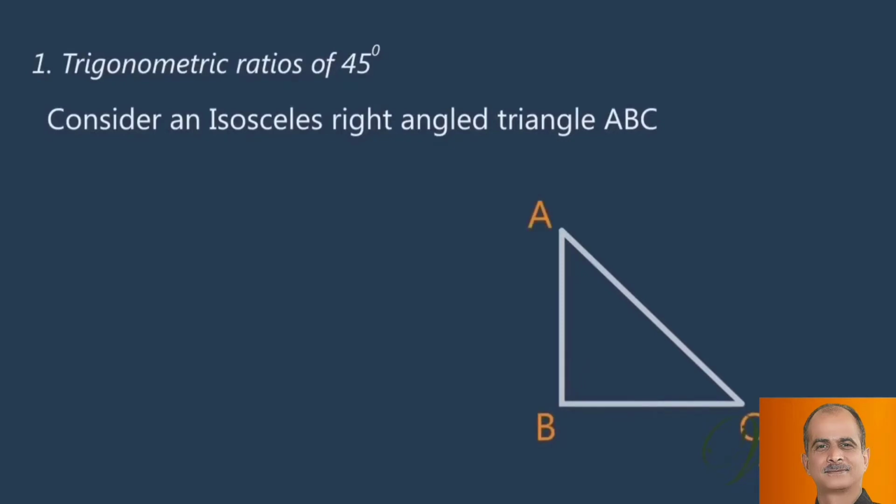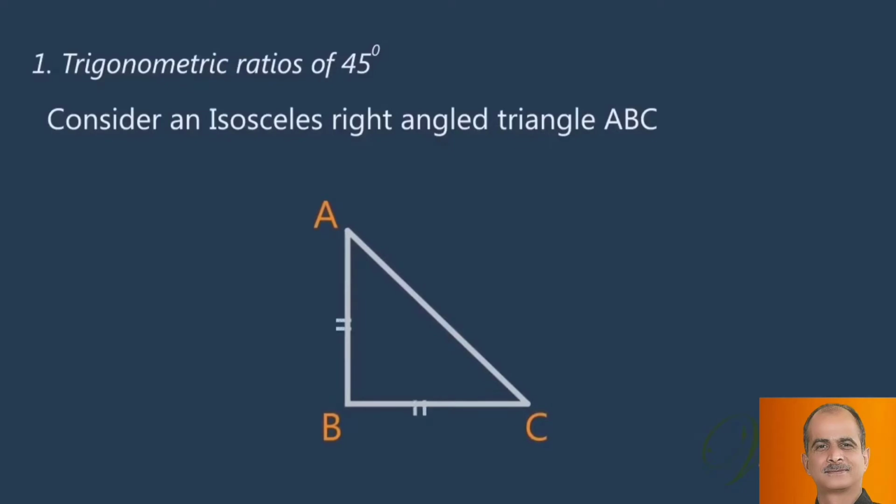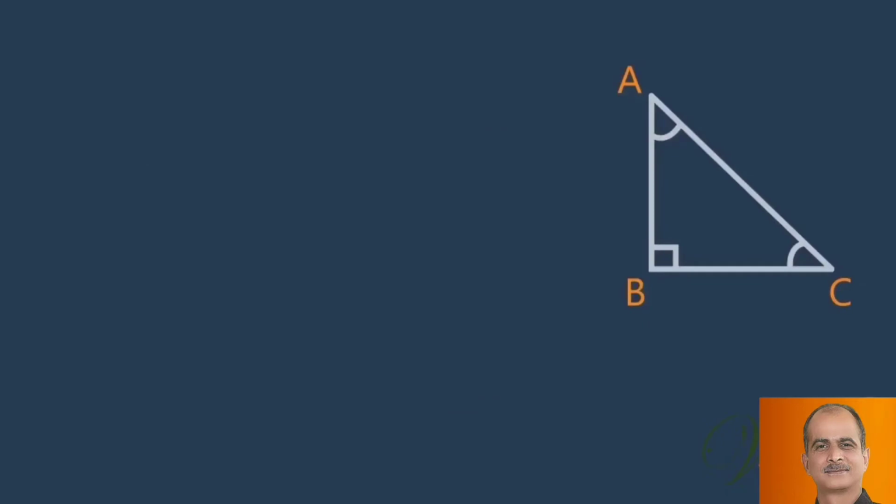Consider an isosceles right angle triangle ABC. It is an isosceles triangle, so AB is equal to BC. So angle A and angle C are 45 degrees.